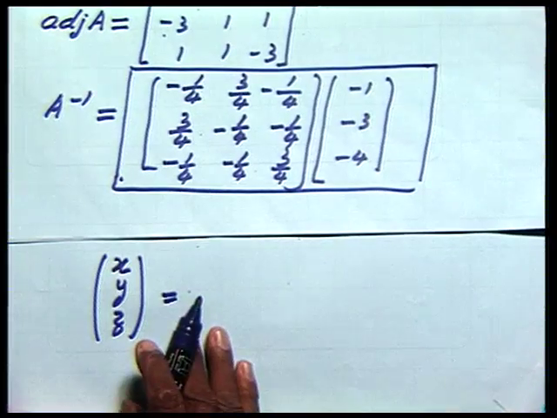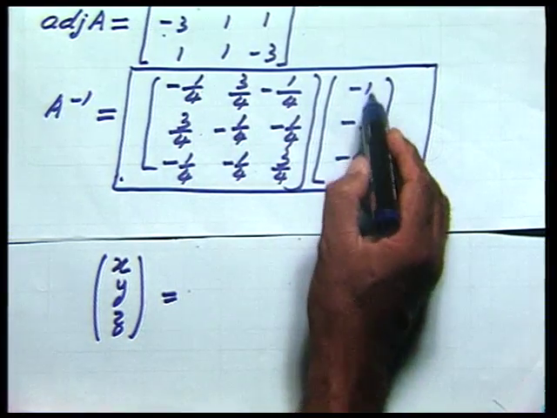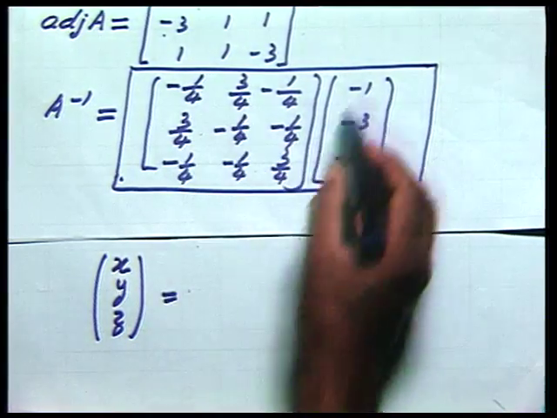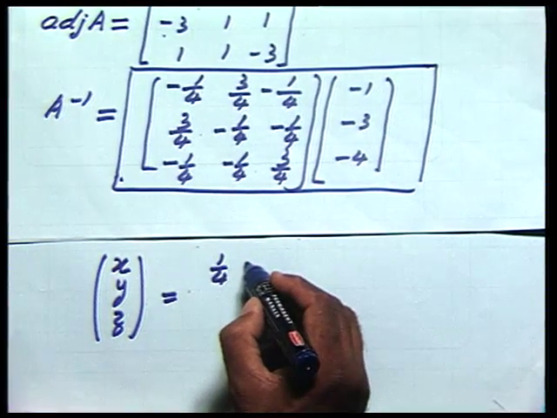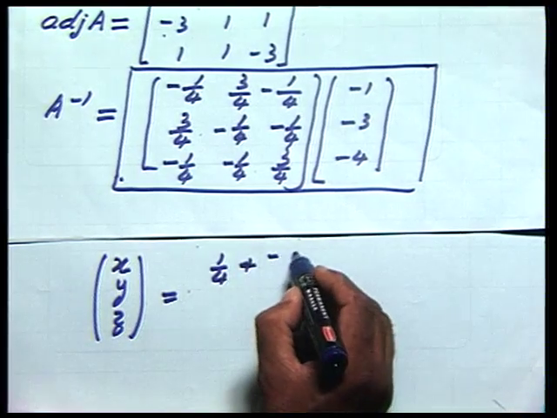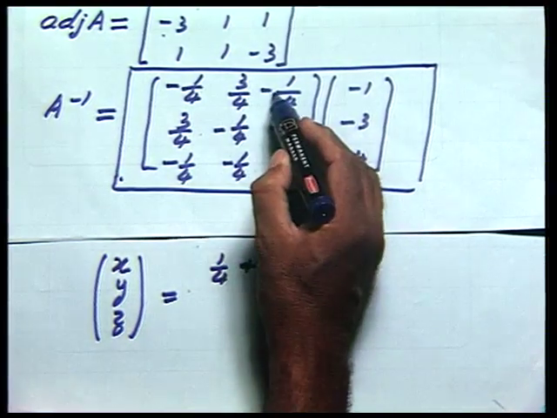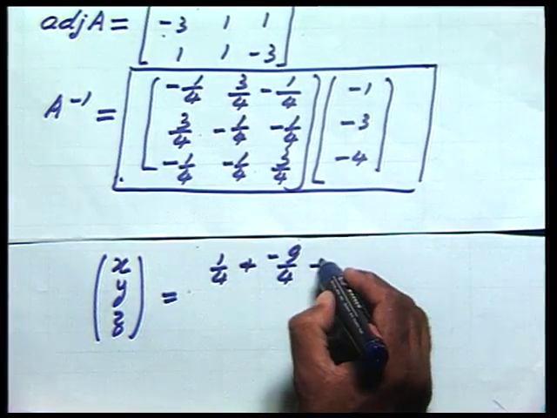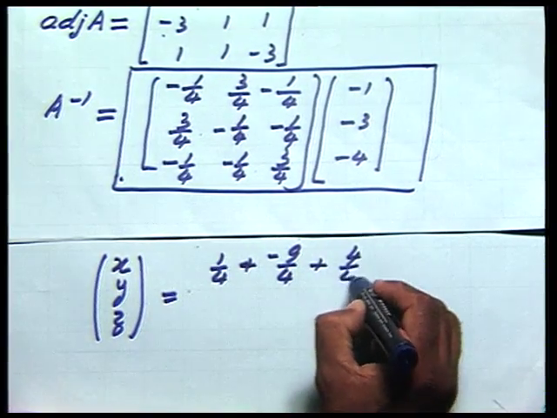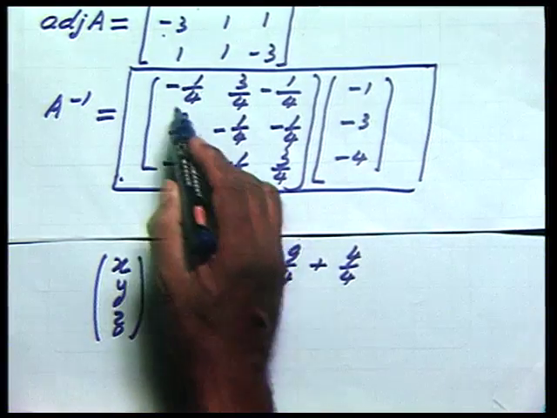equal to, we are multiplying this here: minus 1 into this 1 by 4, 3 plus minus 9 by 4, this is minus 1 by 4 with this will become plus, so plus 4 by 4. I am writing 4 by 4 because of the easy LCM.